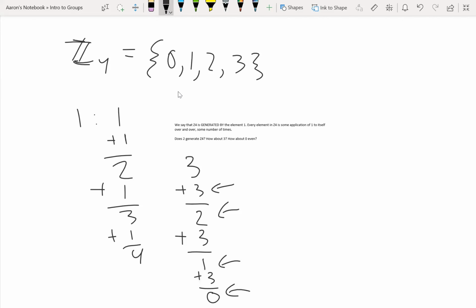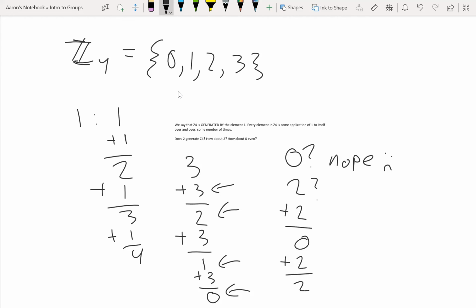So yes, 3 generates Z4. Does 0 generate Z4? No. Why not? It can only be 0. Exactly. How about 2? A more interesting question. Also no, because it can only be 2 or 0. Plus 2 gives 0. Exactly.